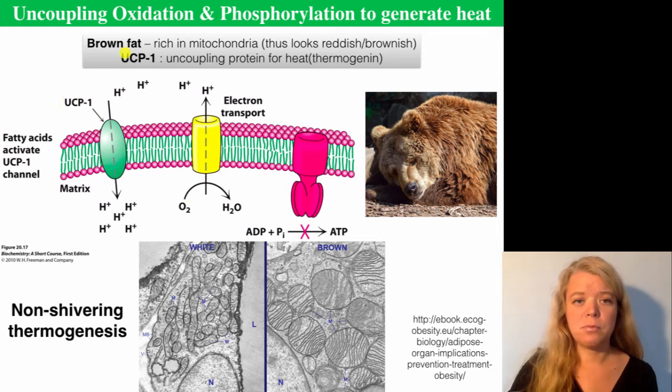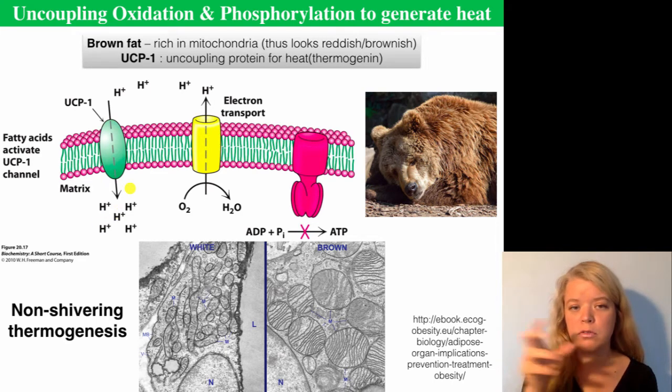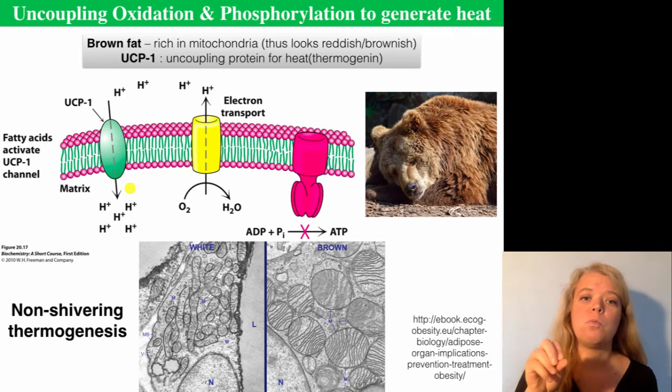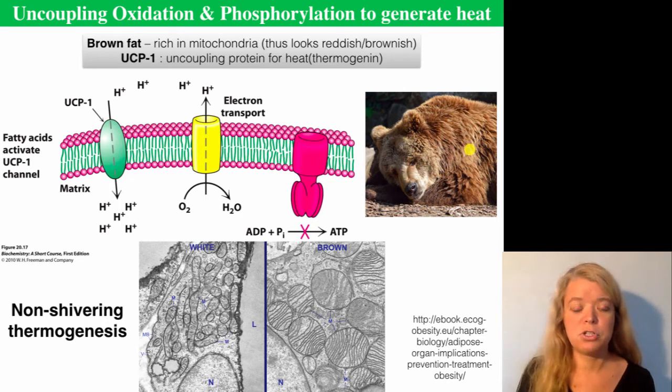The brown fat contains UCP1, which provides a way for the protons to go back to the matrix and couples it to vibration, which is heat, which results in the increase of the bear's body temperature above the temperature of his cave.